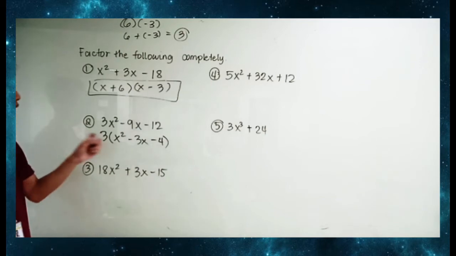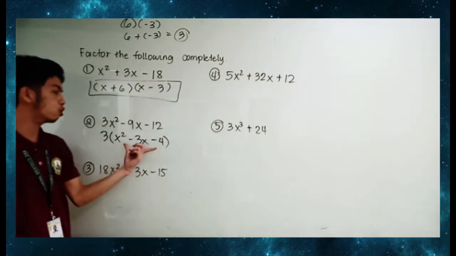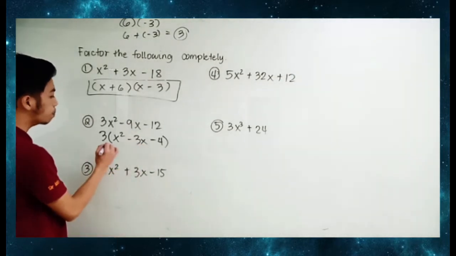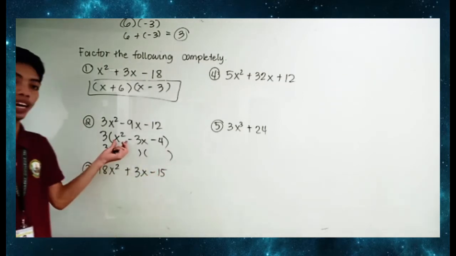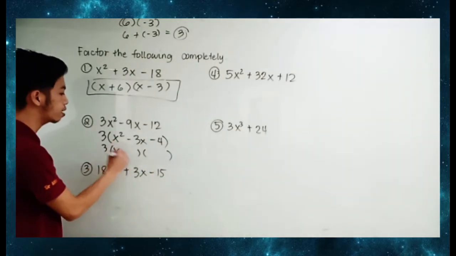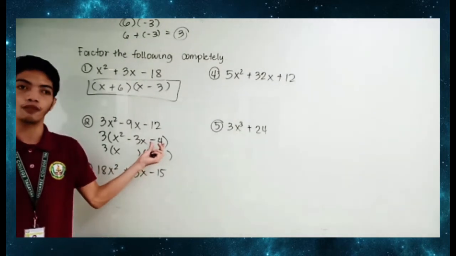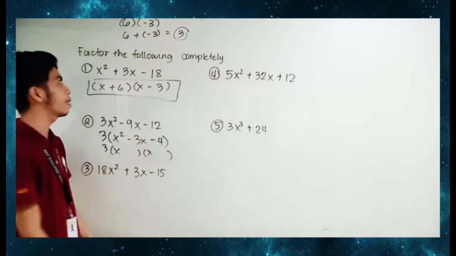Okay, now, i-apply naman natin yung ginawa natin dito sa number 1. Dito tayo sa x squared minus 3x minus 4. So, isip tayo ng factor niya. Ano ba ang factor ng x squared? That is x times x. Ngayon, isip kayo ng factor ng negative 4 na kapag pinag-add mo, ang sagot ay negative 3. Diba?